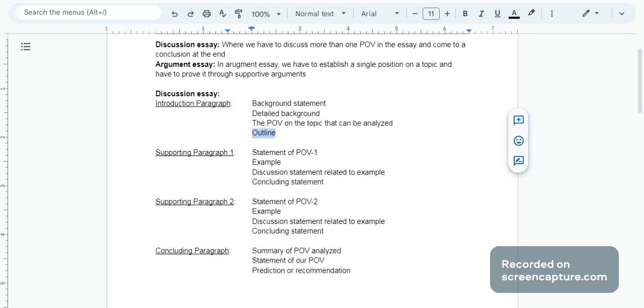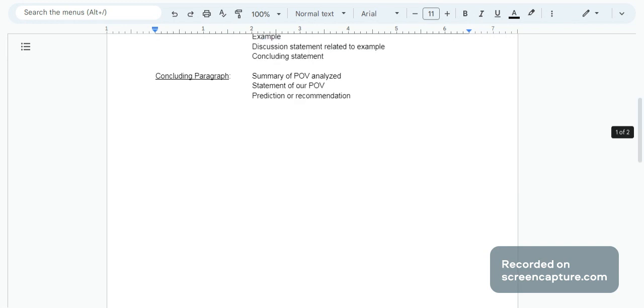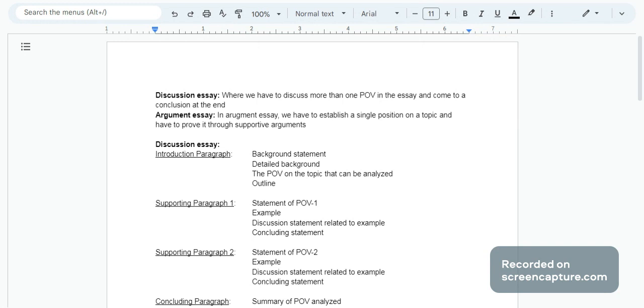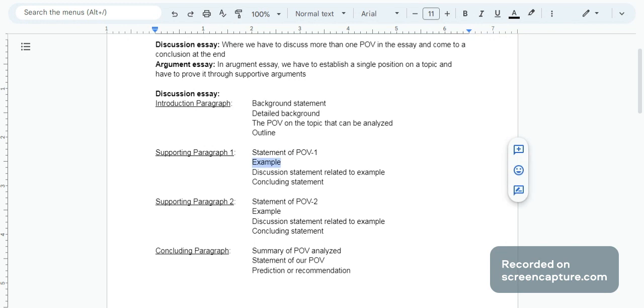After that there is a supporting paragraph on the statement of POV1, which I already wrote. It would be in agreement. This is our statement of POV1, which we are going to include here, and then we have to come up with examples. This is very important. Examples.